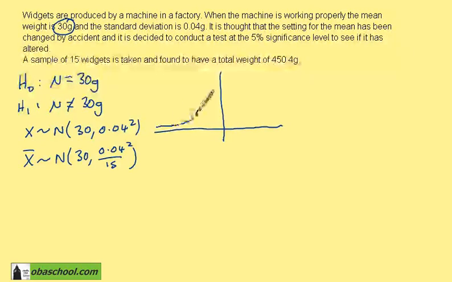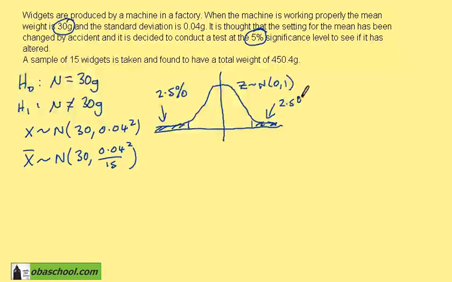If we consider the standard normal, that's Z, which is a normal with mean 0 and variance 1, then what we need here for a 5% test, which is two-tailed, is 2.5% at this end and 2.5% at this end.